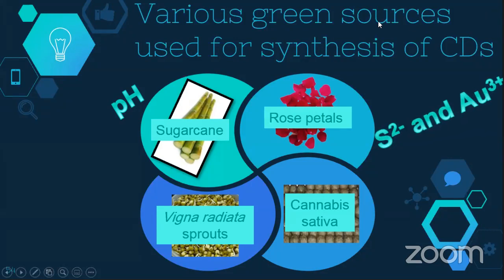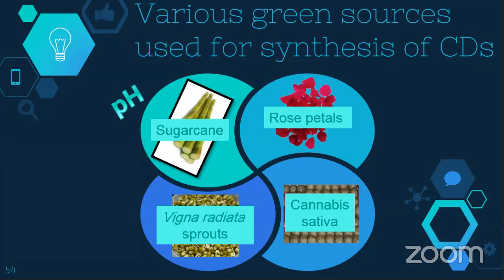So with this, what we could sense was, with sugarcane, we could sense various pH. The carbon dot prepared from sugarcane worked as a pH sensor.